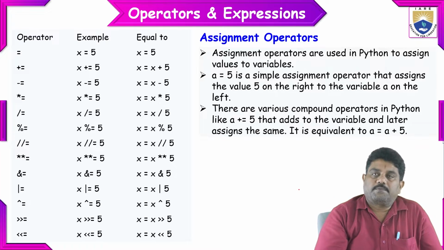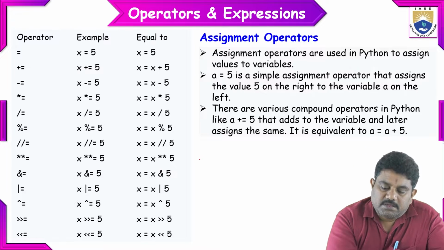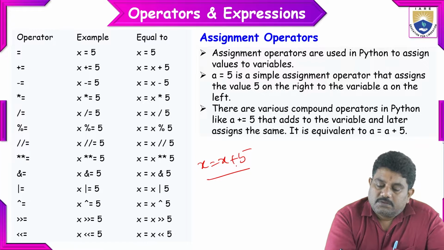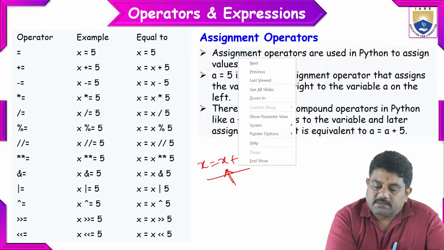If you use the shorthand operators or the assignment operators, what happens? For example, in this case of x equal to x plus 5. So while executing this program, first it has to identify the variable x in the memory and access the value of that x, and has to add this value to that x.